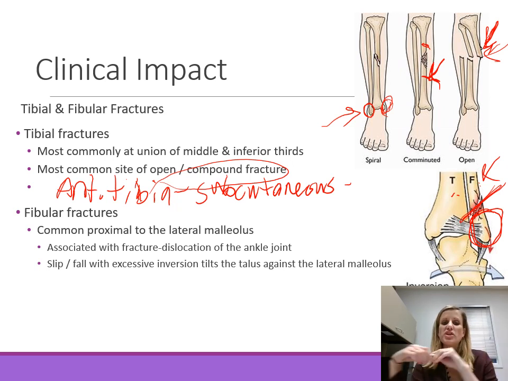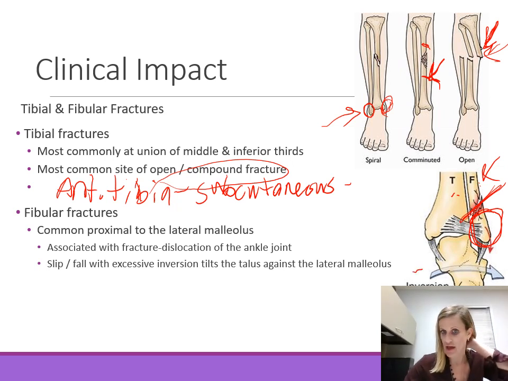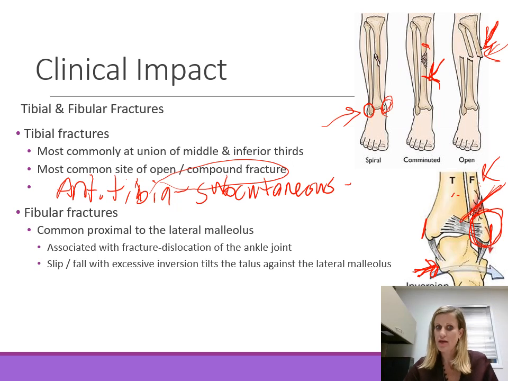This is typically associated with a fracture and dislocation of the ankle joint. So the ankle joint between the talus, right, the top of the tarsal bones, and then you see the tibia and the fibula forming that ankle joint. So when there's fracture and dislocation in the area, it shears off the lateral malleolus.